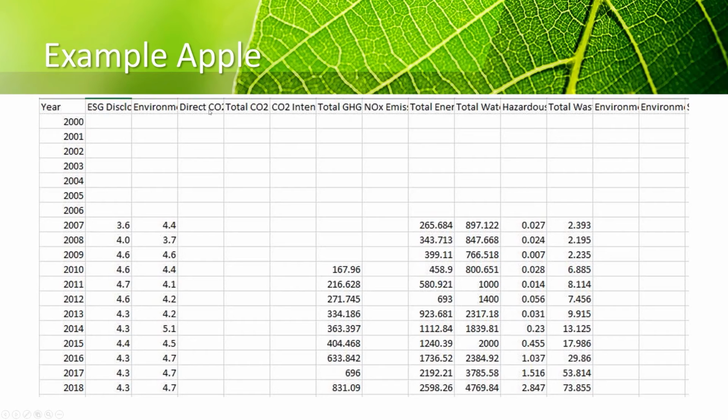Now, here is all supposed to be direct CO2, total CO2, and potential CO2. These are all supposed to be included in the score. Nitrous oxide emissions were supposed to be included in the score. Then we have total energy used, total water used, hazardous emissions, total waste, and then environmental fines, and environmental fines dollars. You'll notice that a lot of this data is missing from 2000 to 2018.